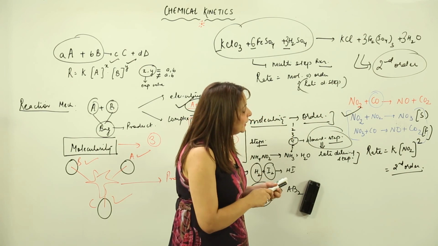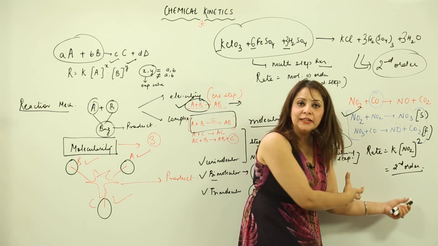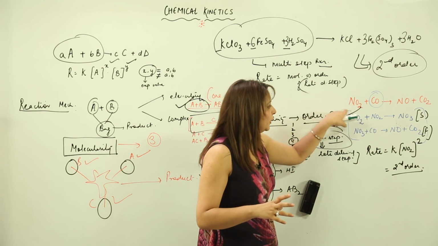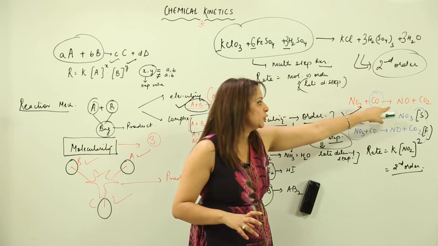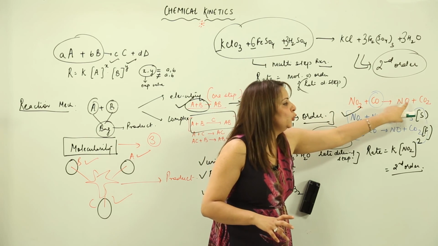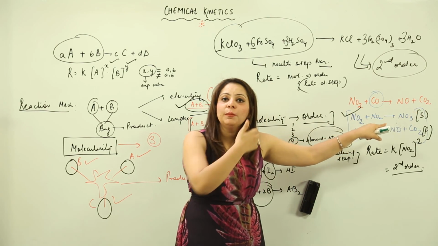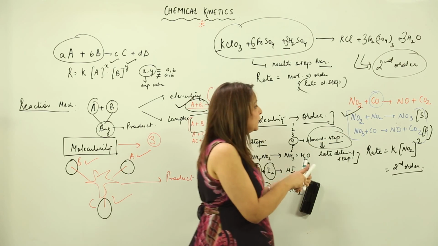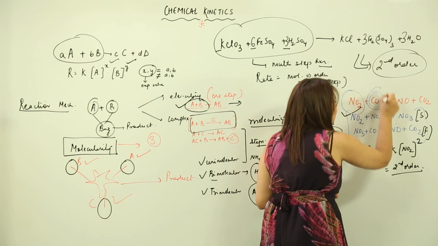Now, as I told you that it is a second order reaction, look at the principal reaction: we have NO2, CO, NO and CO2. When we talk about the differential rate law, you might think that the rate of reaction depends upon this NO2 and this CO, right?